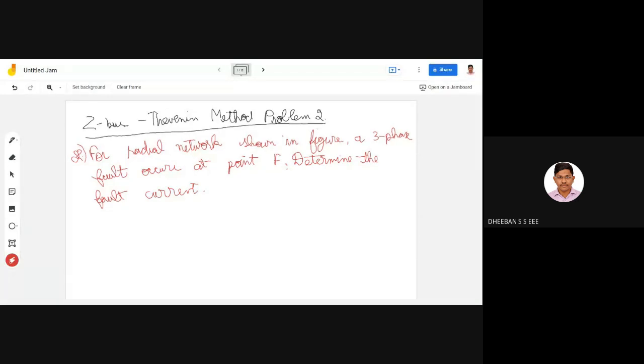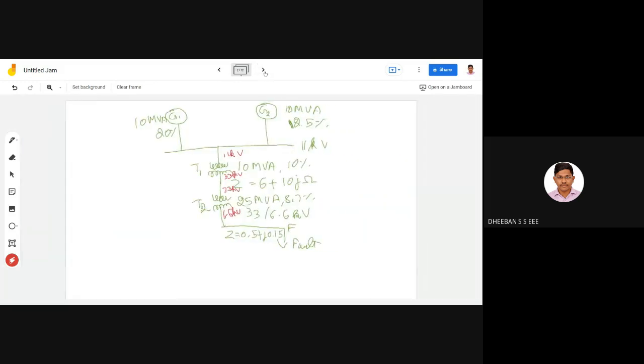So, this will be the last problem of your Unit 3, and it is the continuation of what we have already seen. In the last lecture we saw the question and the single line diagram. This was your single line diagram. Over here you had two buses, bus one and bus two.